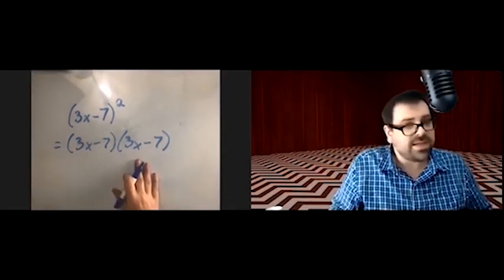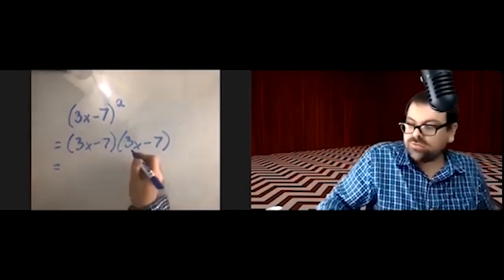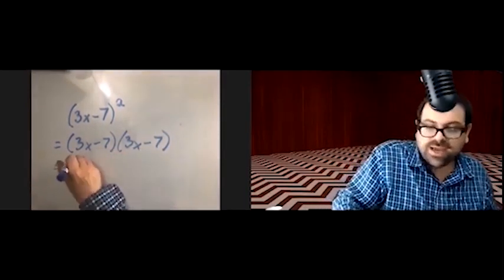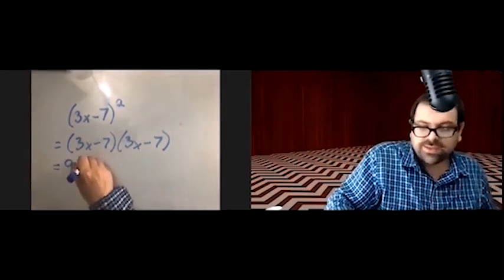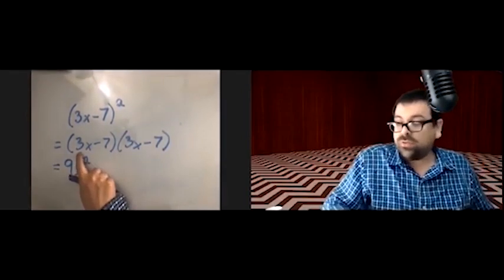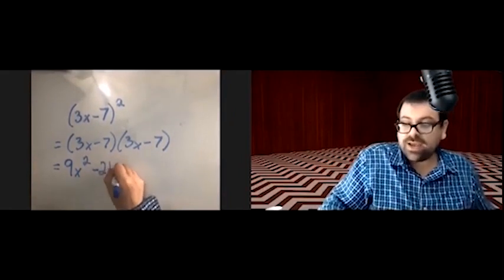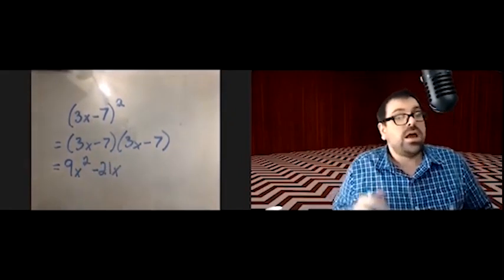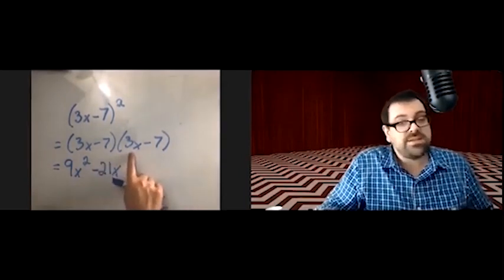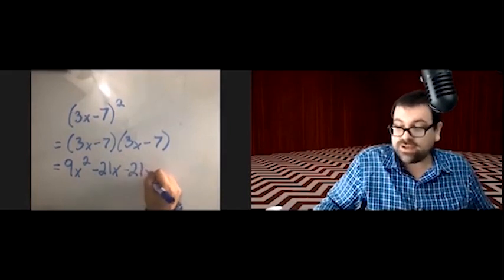It means times itself. So you FOIL. First, 3x times 3x would be 9x squared. Outer, 3x times negative 7, negative 21x. Inner, negative 7 times positive 3x, negative 21x.